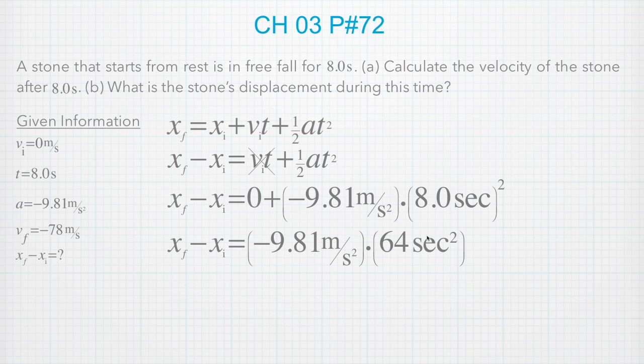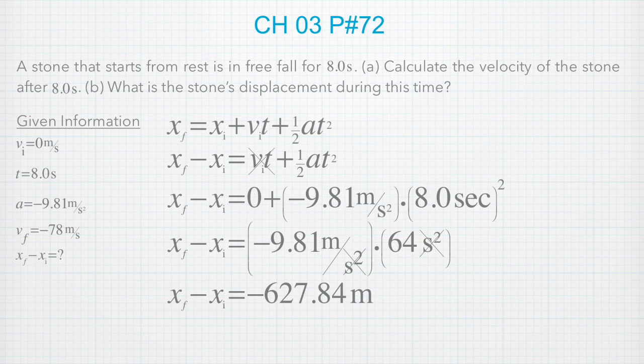I have seconds squared, and I have seconds squared in the denominator down here. So those units will cancel out. Now I'll multiply my gravity and my time squared, and I get a displacement of negative 627.84 meters.